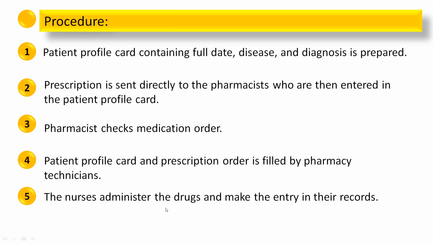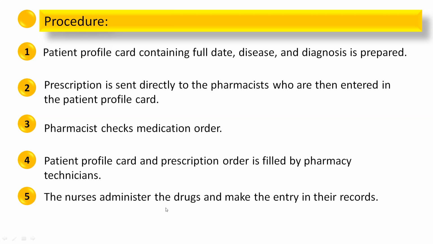He checks and reviews the medication order, then the patient profile card and prescription order are filled by the subordinate, that is, the pharmacy technicians. Later the nurse administers the drugs, and after administration she makes an entry in the records that the drug has been administered to the patient. This is the procedure of the decentralized unit dose dispensing system.